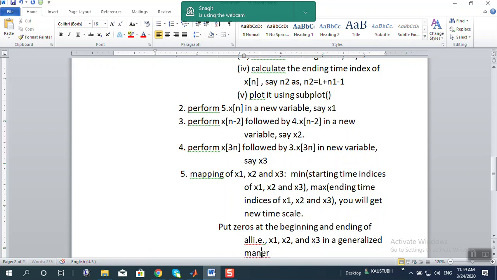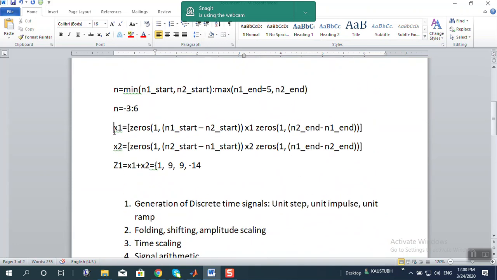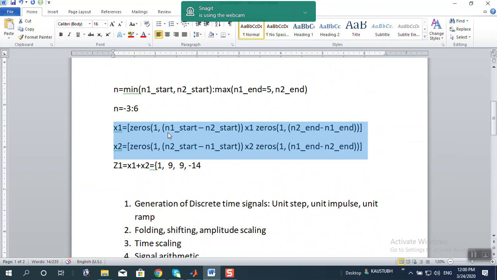By generalized manner, what I mean is following this convention. So here it will be zeros of n1 star minus n2 star.